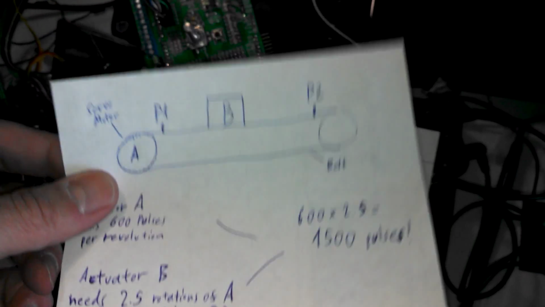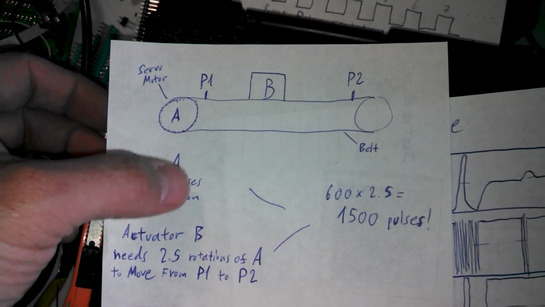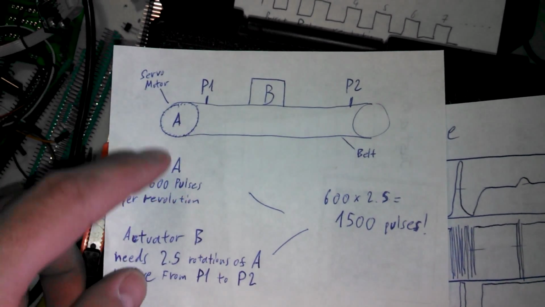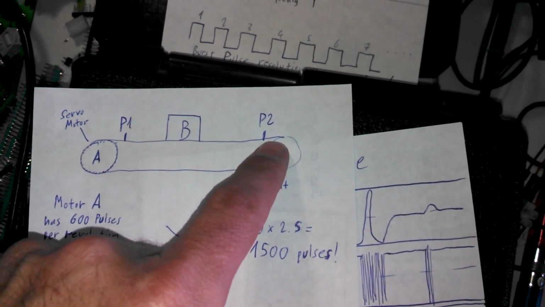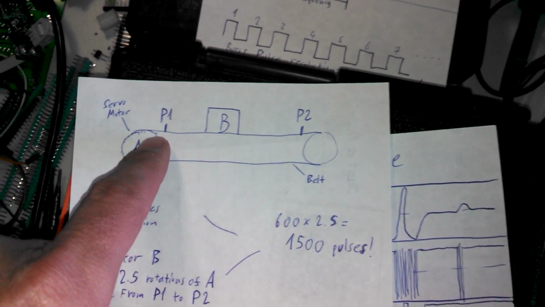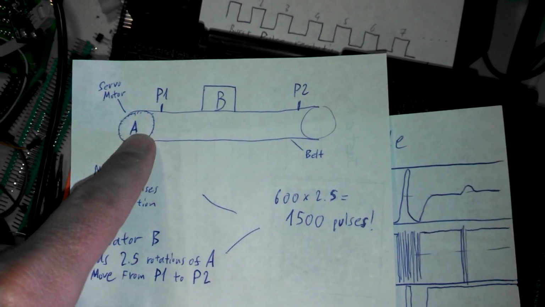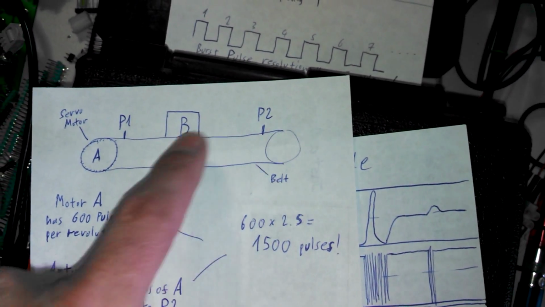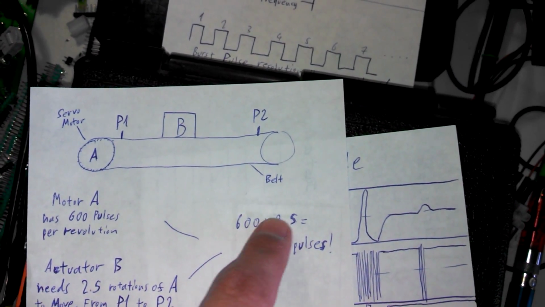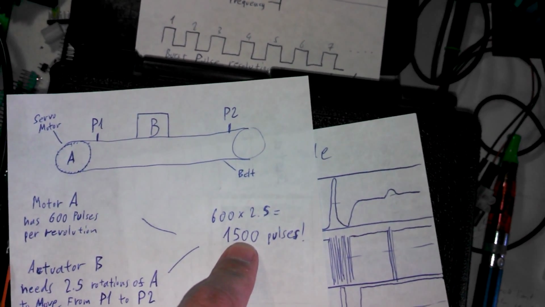Like, for example, most of the cases you'll have a servo motor that, to do a full resolution, this one for example has 600 pulses. The belt has a reduction gear that needs 2.5 rotations of the actual motor to move from point A to point B. So what that means, you multiply the pulses you have, and then you say, okay, I need 1,500 pulses.